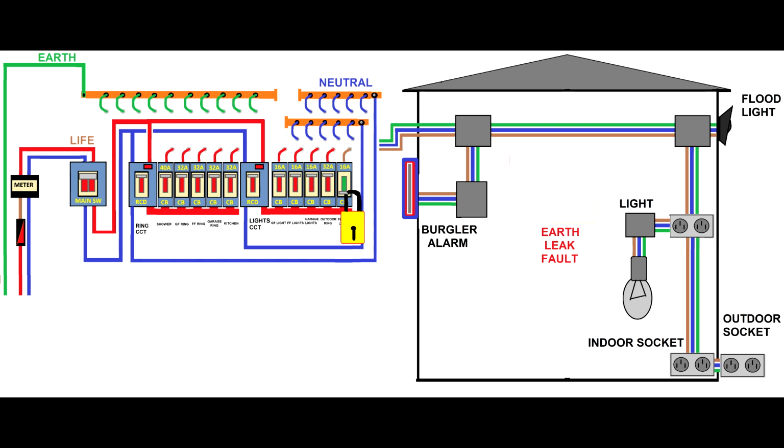And exactly like you see in the picture, this is the truth. The burglar alarm, one light in a hallway, an indoor and outdoor socket back to back had been connected to this floodlight, and I have a 16 amp circuit breaker.